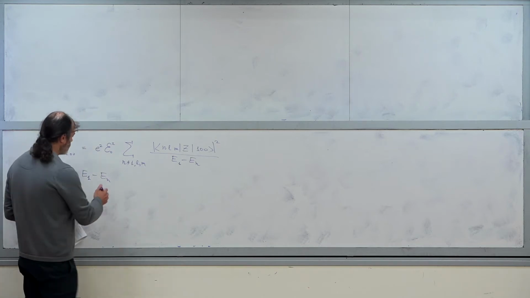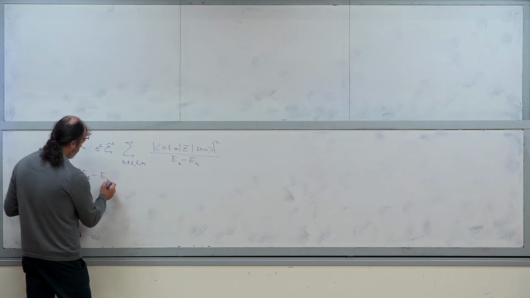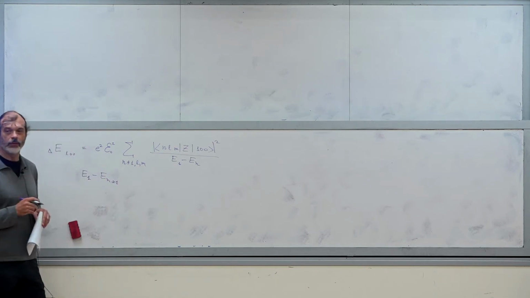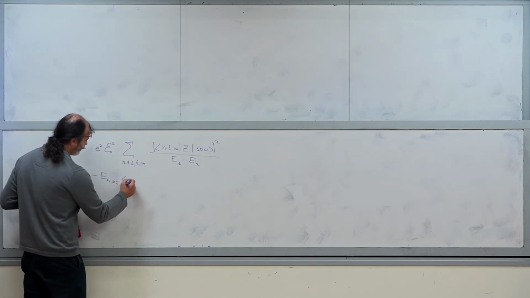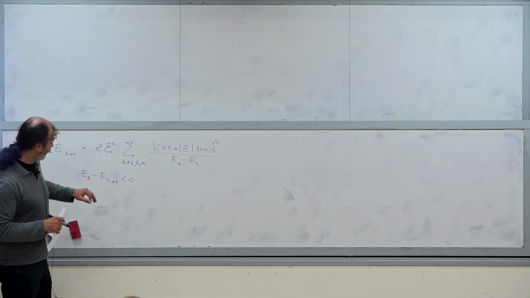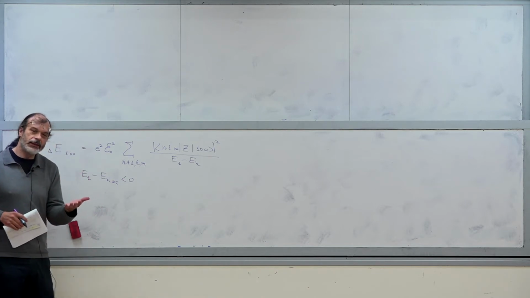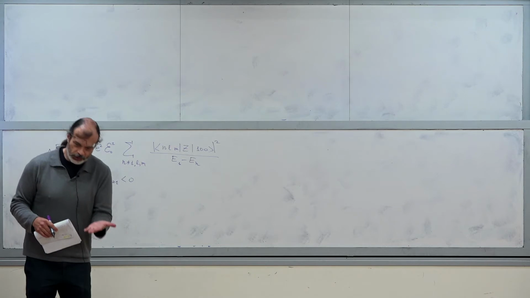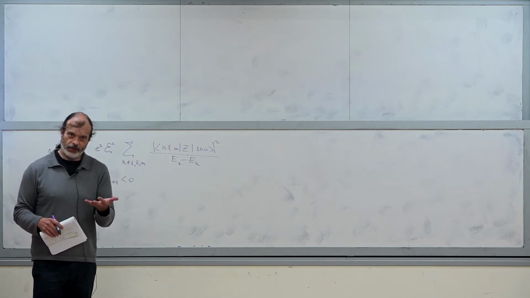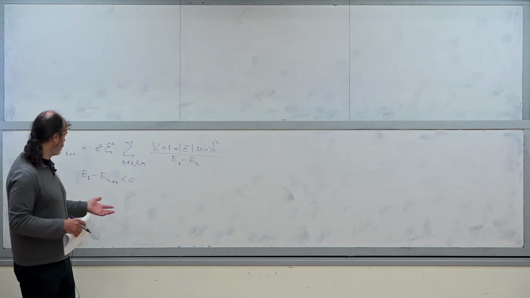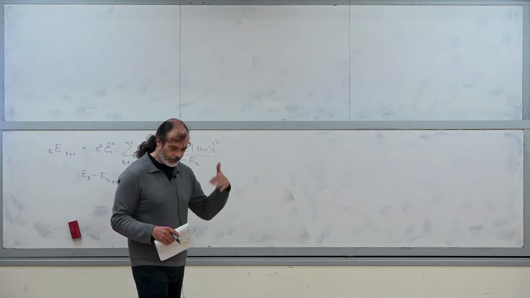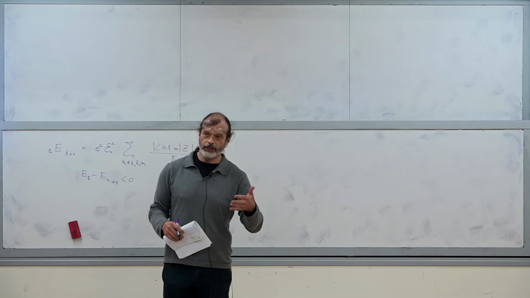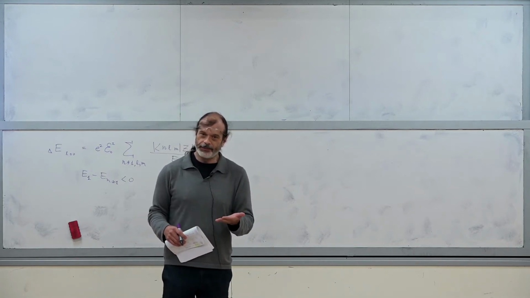Once n is larger than or equal to 1, the difference will always be negative. So this means that this effect should shift up the energy level. Instead of the energy level of the hydrogen atom being minus 13.6 electron volts, it will be shifted a bit up.